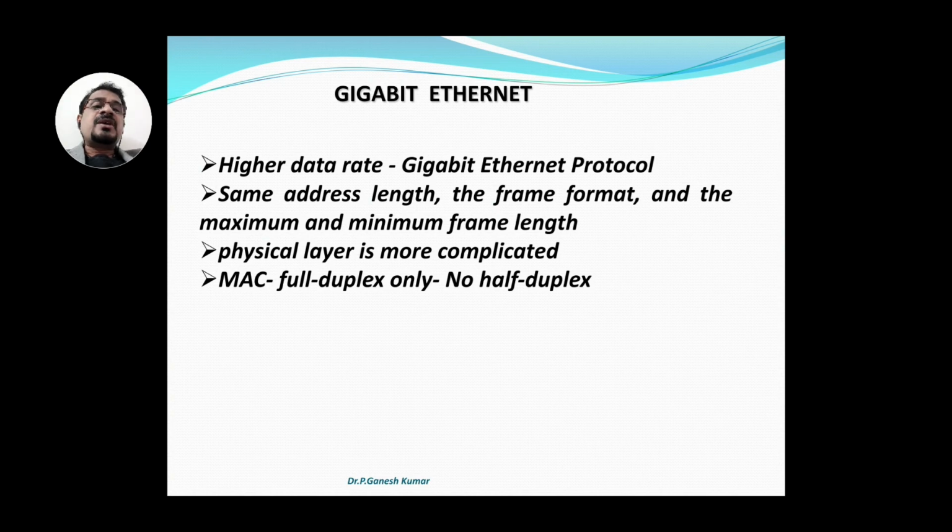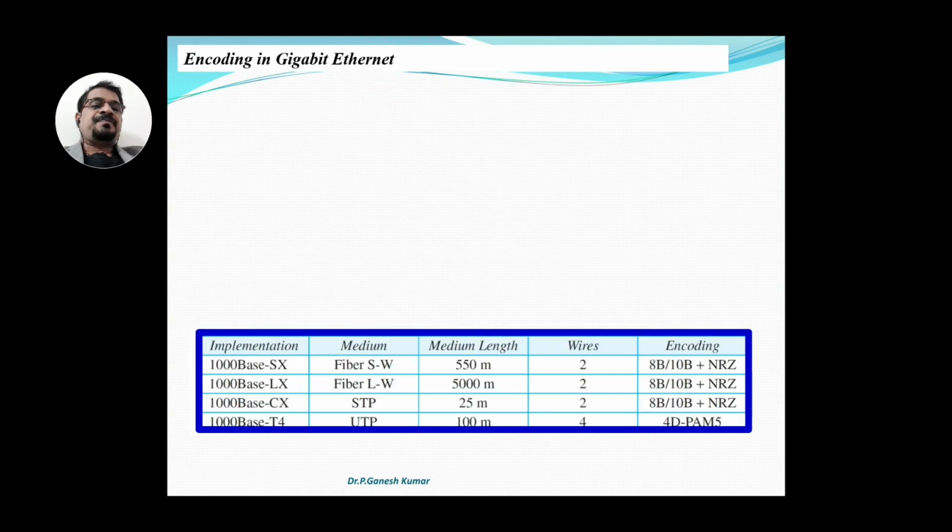So in Gigabit Ethernet, they use the same address length, same frame format, and the same maximum and minimum frame length, so that only the complication goes to the physical layer, and the MAC layer allows only full duplex. It won't accept half duplex communication.